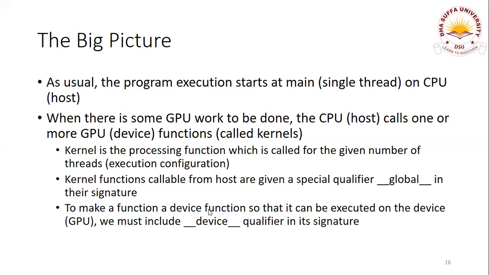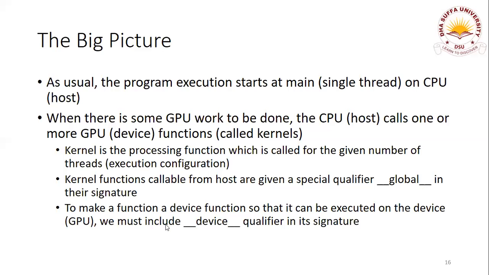This is a device specifier. You can write a function that is also a device function, but it is called from device and executed on device. For example, a GPU calls another function on GPU, right? In detail we are going to go later, but just to give you an idea that there can be a device function.